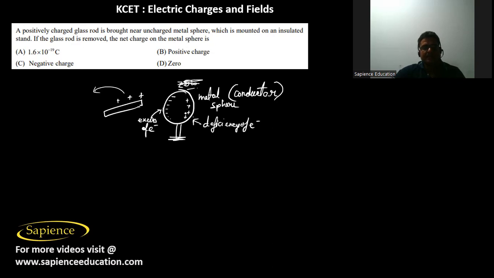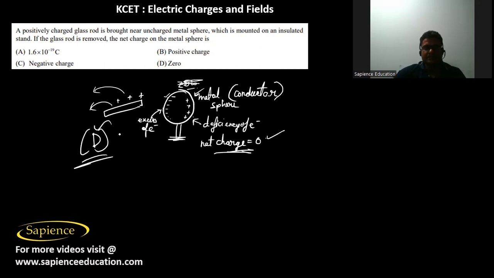So here and here some charges will be formed, although the net charge on the sphere will be zero only. When the glass rod is removed, these charges will also be removed, so the net charge will remain zero only. So option D is the correct answer.